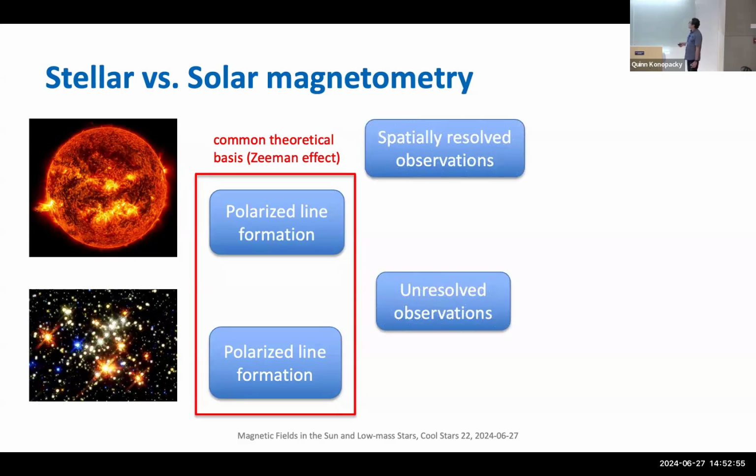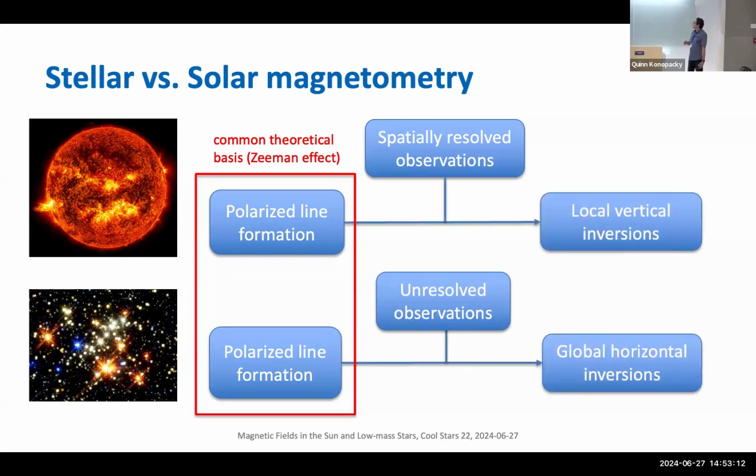But then what happens is that for the sun, of course, we have spatially resolved observations. So any horizontal information we get directly from images. But for the stars, we always have unresolved observations. And this difference then results in very different next steps of the analysis.